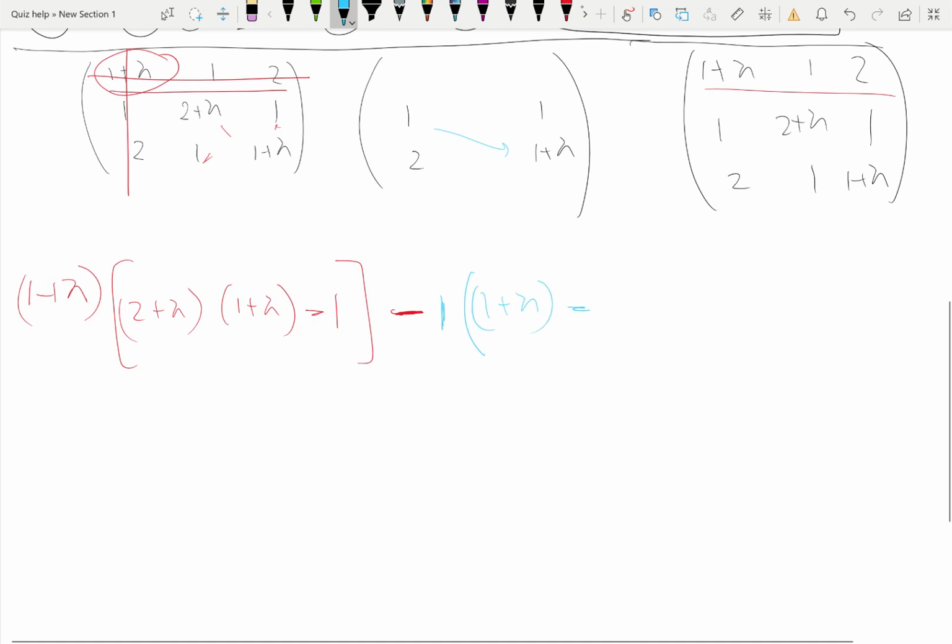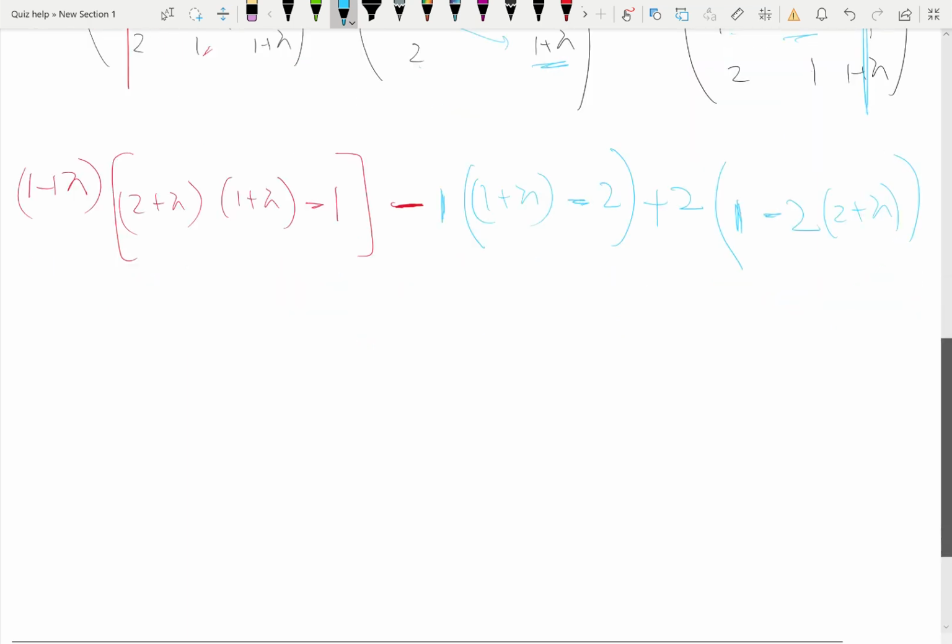Have parentheses, minus 2 times 1 is 2. Always have parentheses for these longer terms involving lambda, okay? That's a tip. Now go to the third one. That's 2. By default plus 2 here. Delete the column, delete the row. 1 times 1 is 1 minus 2 times 2 plus lambda.